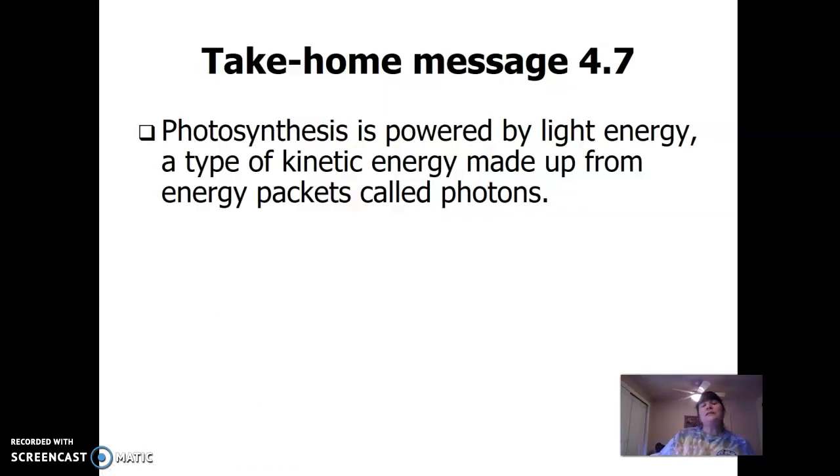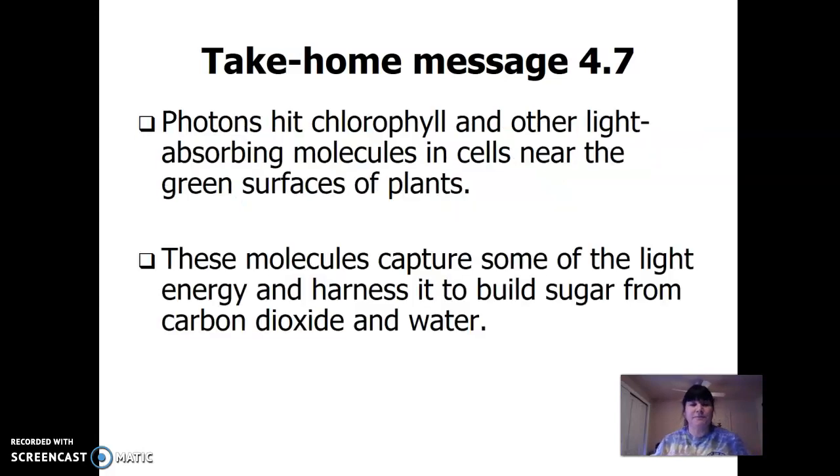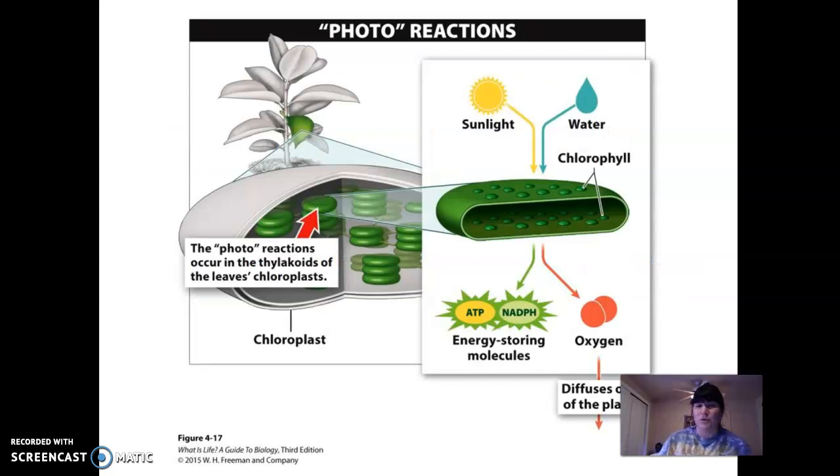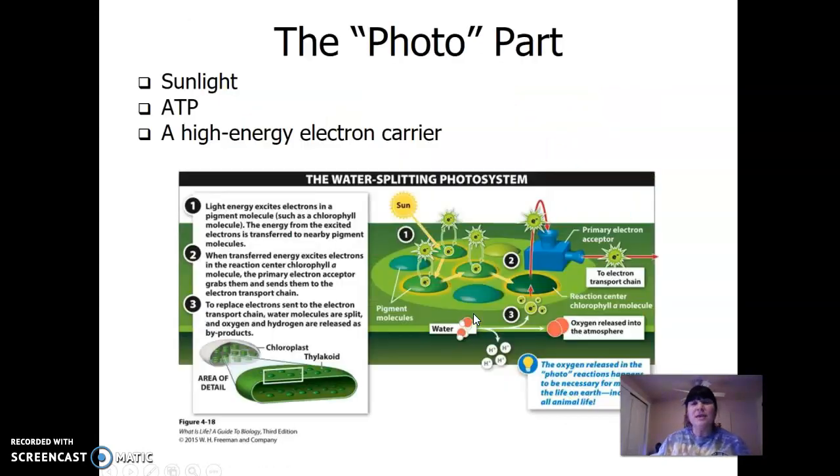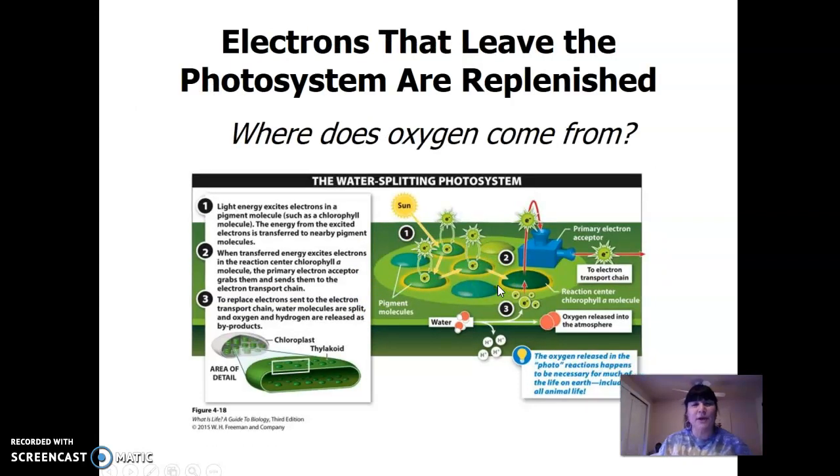All right, so photosynthesis is powered by light energy. Photons hit the chlorophyll. We have molecules that absorb that energy, okay? So we absorb the energy and we can trap it. And then here's the photo part. There's a whole thing called the electron transport chain. You guys don't have to worry about it, but they show it in the book.